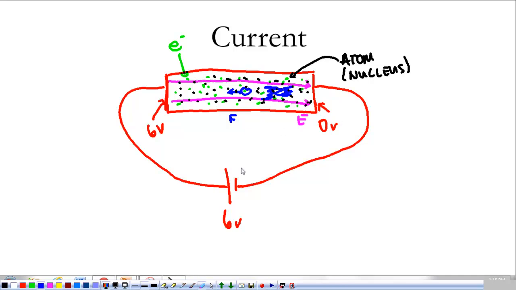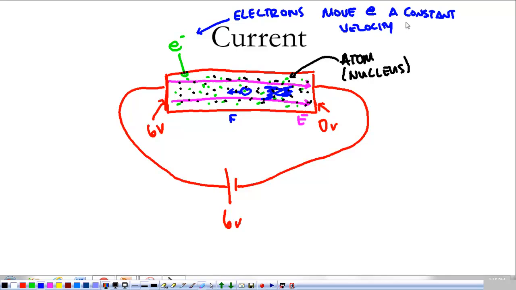So what happens when we attach a battery to a piece of metal is that we see electrons move, but instead of accelerating, they move at a constant velocity. We call this a drift velocity.